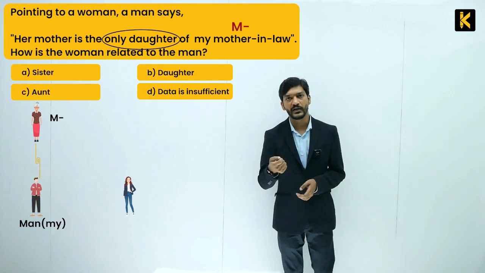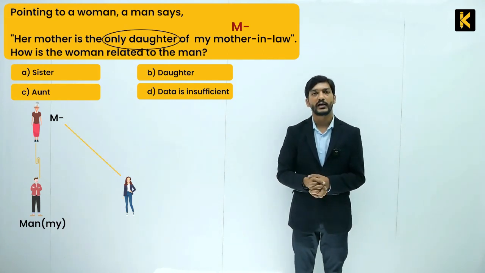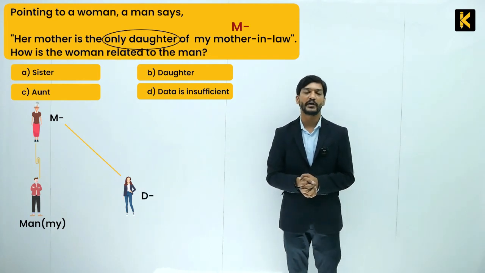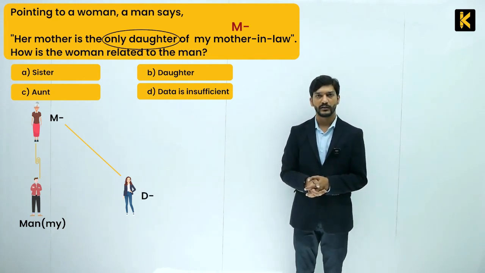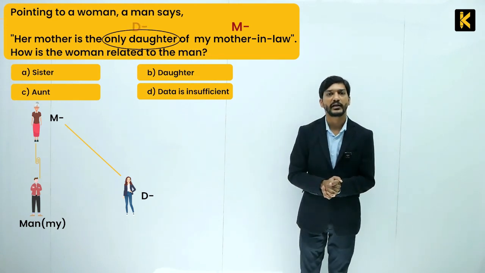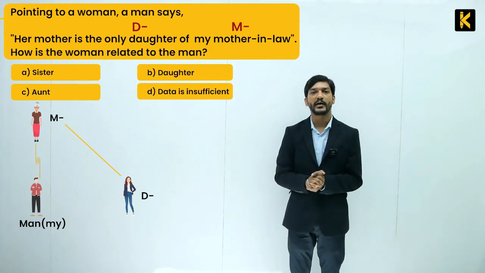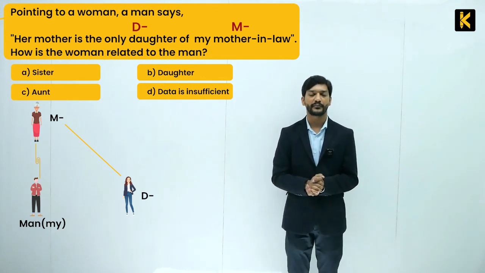Daughter is a direct relation, so let me show a single line. And daughter, let me represent with D minus. Let me show it in the diagram as well as in the statement. So the only daughter is represented by D minus in the diagram.